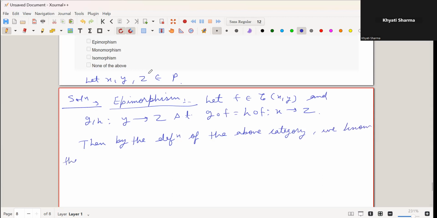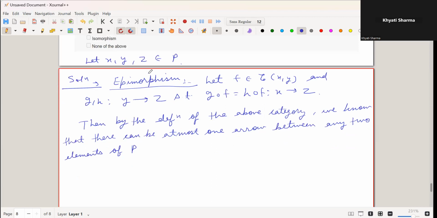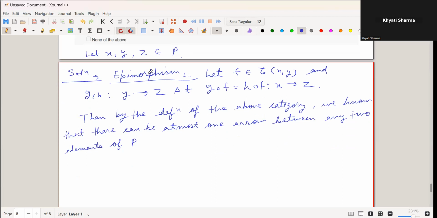We know that there can be at most one arrow between any two elements of P. And it's saying that from G to H we have an arrow, so G has to be H, right?